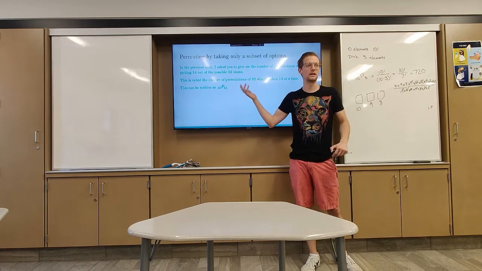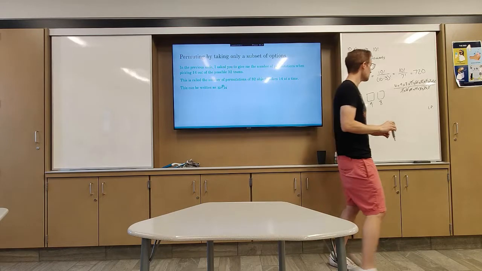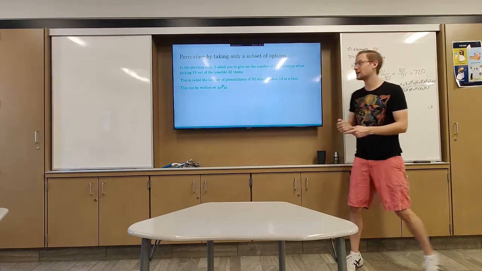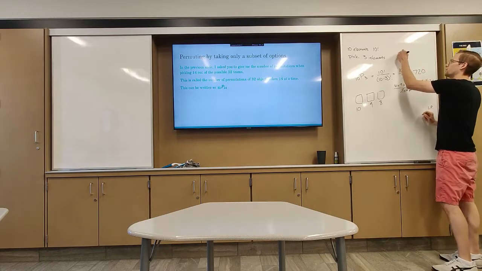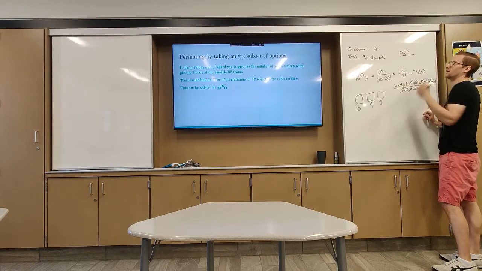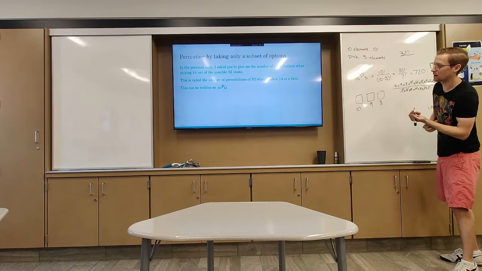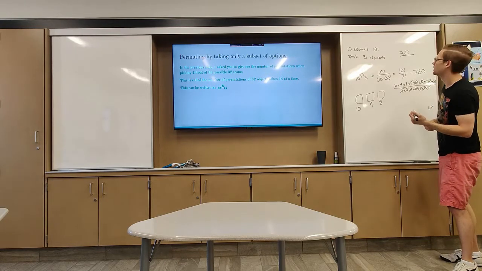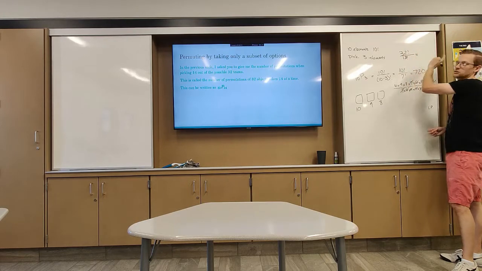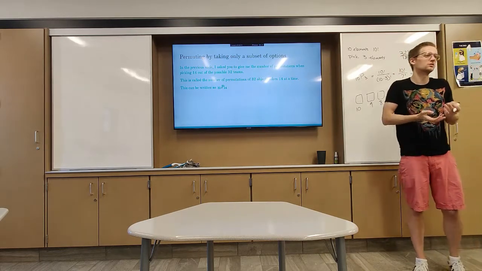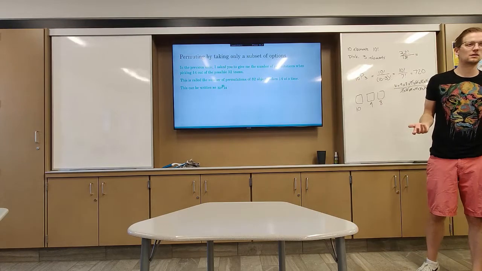Instead, you can use this equation and just do 32 factorial divided by (32 minus 14), which is 18 factorial, and you put that into your calculator. It's much shorter to write out.